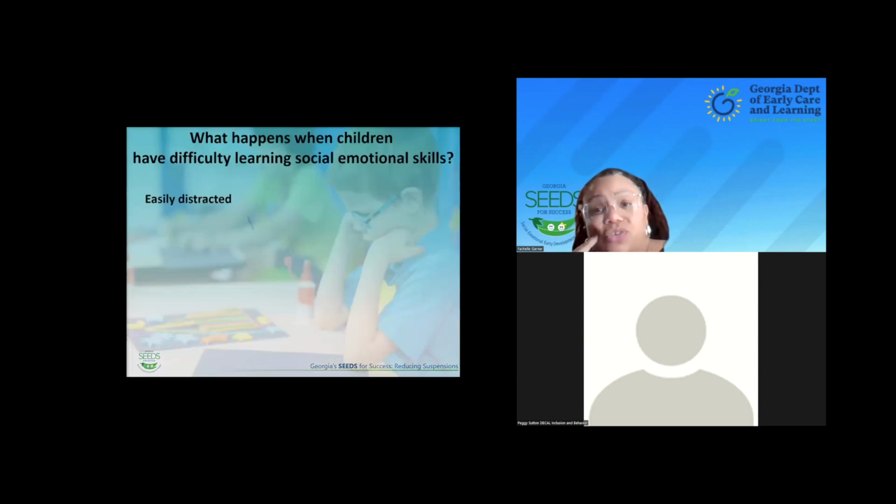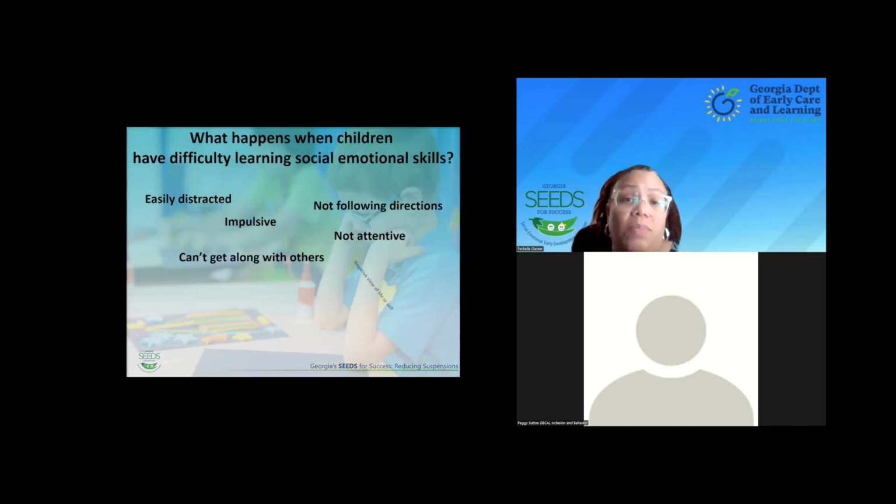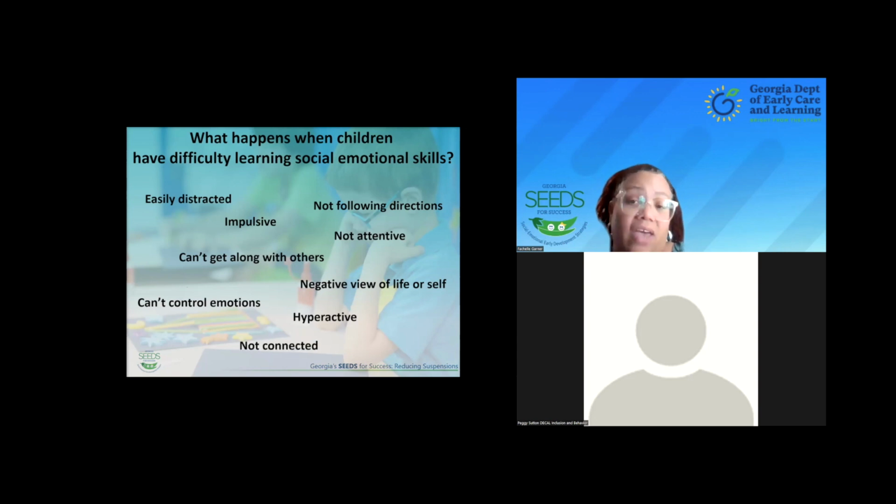What happens when children have difficulty learning social emotional skills? Well, they may be unable to pay attention, have a hard time focusing on tasks, or get distracted. They may have a hard time following directions, a hard time getting along with others, throwing items, hitting, hurting others, or even themselves. They have a lack of empathy towards others.